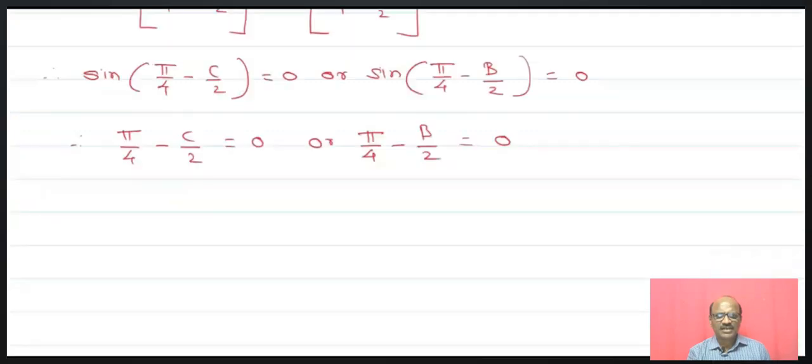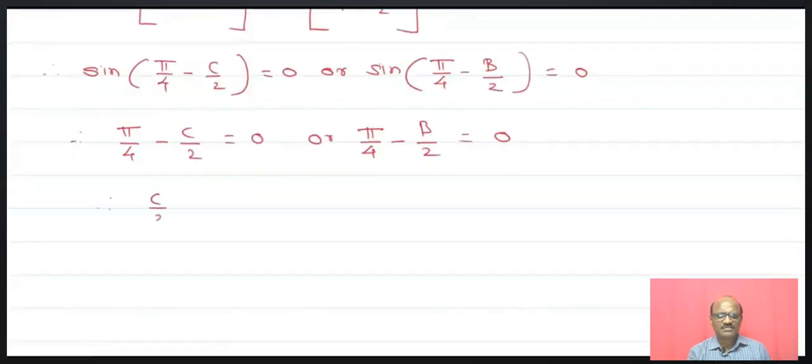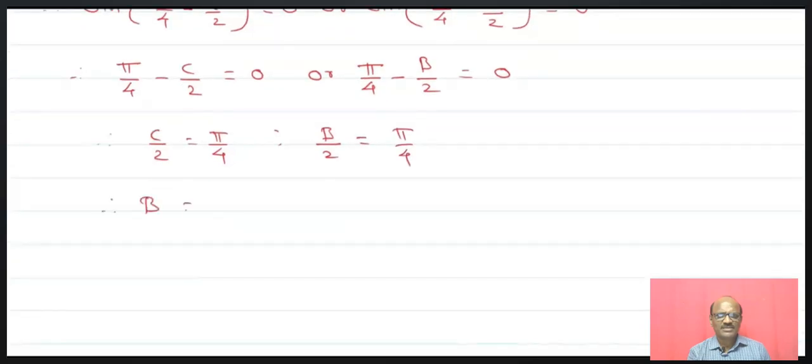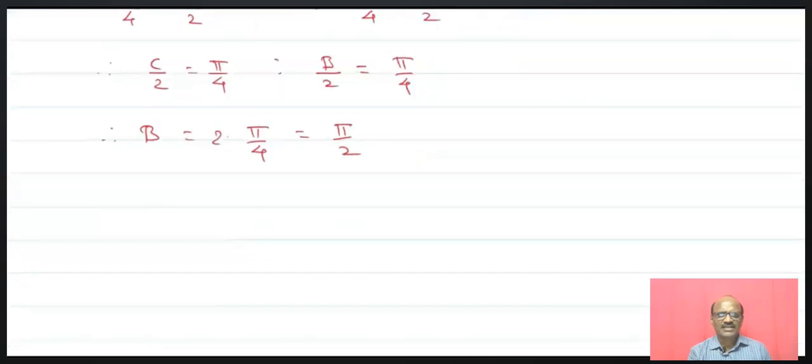That is it. Now see this again here. The value of c is pi by 2 and the value of b is pi by 2, and hence it is proved.